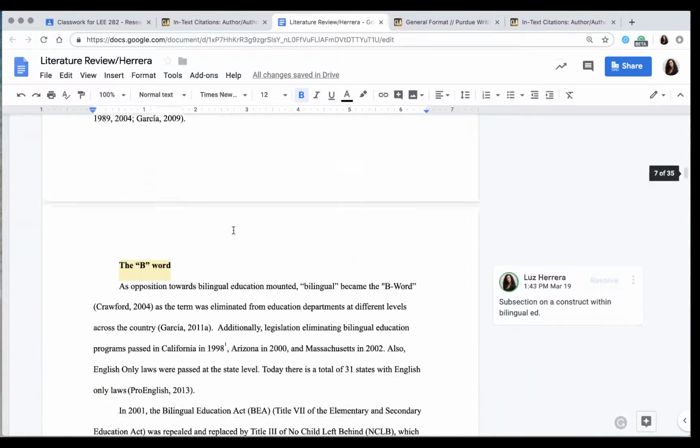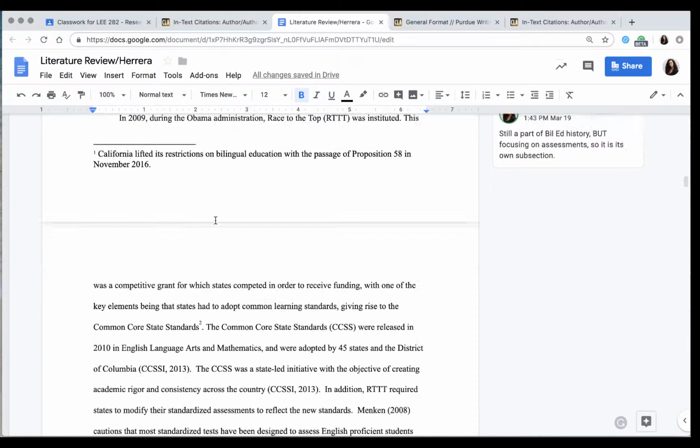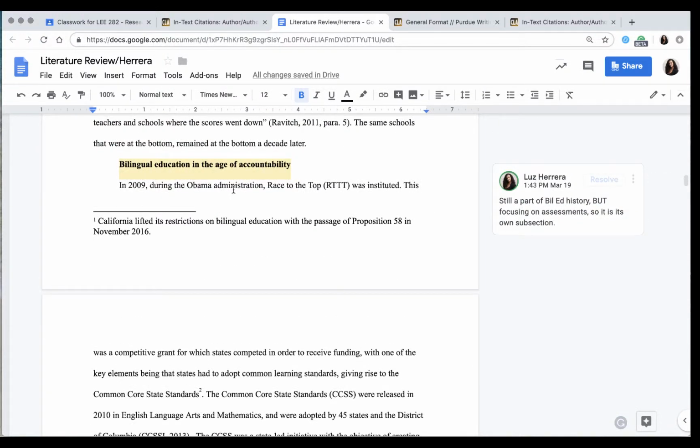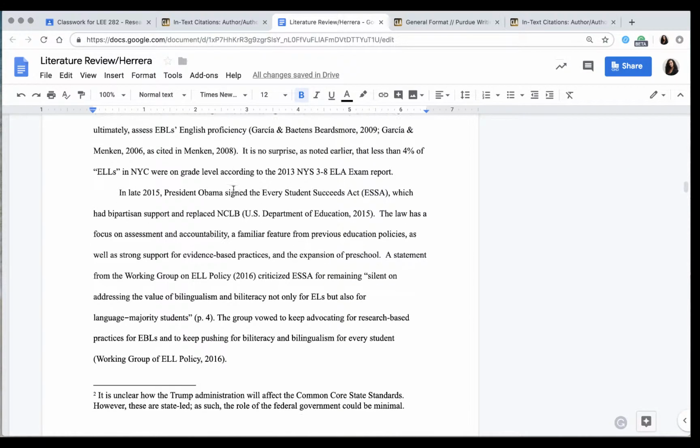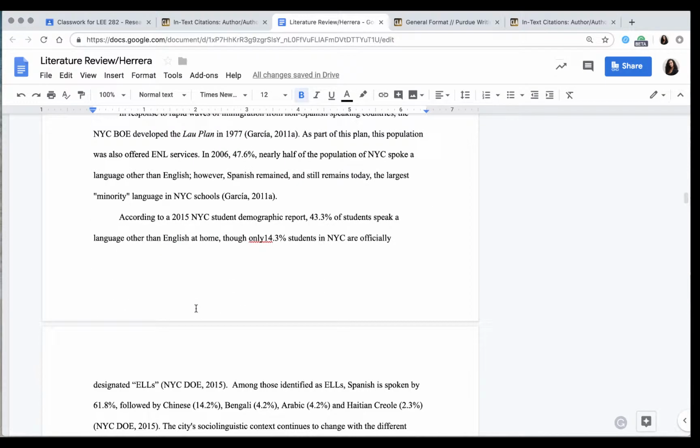And then I narrowed it down and looked at what it has to do with accountability, like Race to the Top and all of those sort of policies, right? But I narrowed it down even further from the US to specifically looking at the history of bilingual education in New York, which is where this study took place.